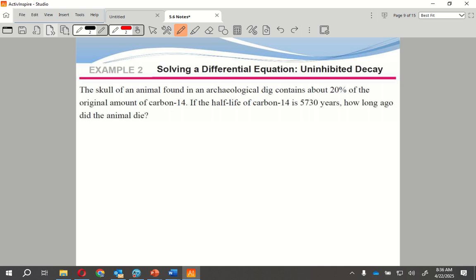A skull of an animal found in an archaeological dig contains 20% of the original amount of carbon-14. If the half-life of carbon-14 is 5,730 years, how long ago did the animal die? Alright, formula.